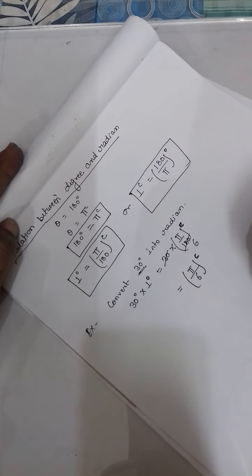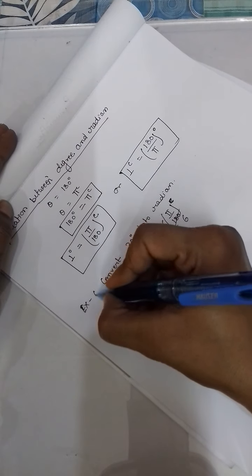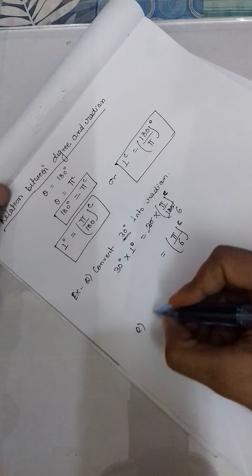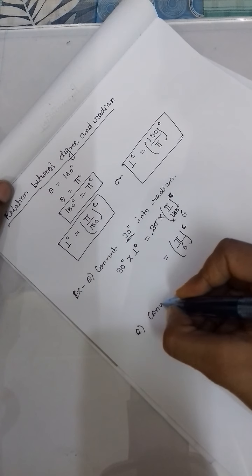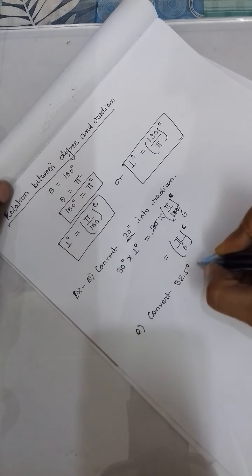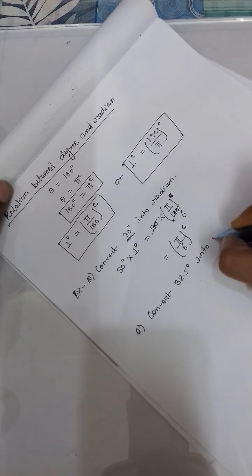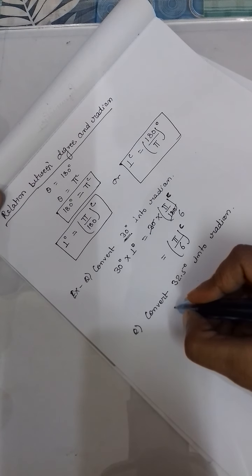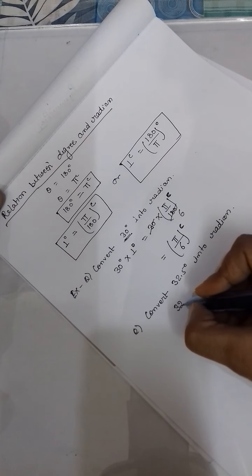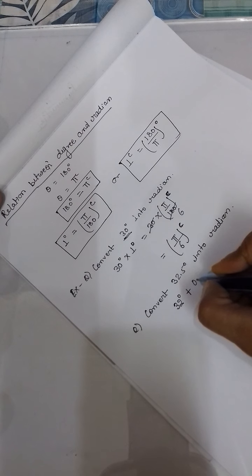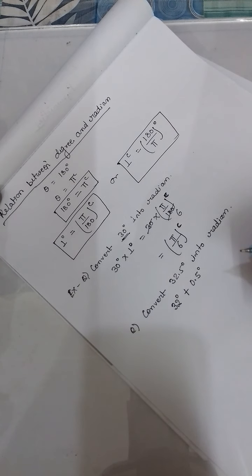Okay students, so sometimes you get the questions. Now we come to the difficulties. Sometimes you get convert 32.5 degree into radian. How we convert? So students, first of all we separate these two things: 32 degree plus 0.5 degree.